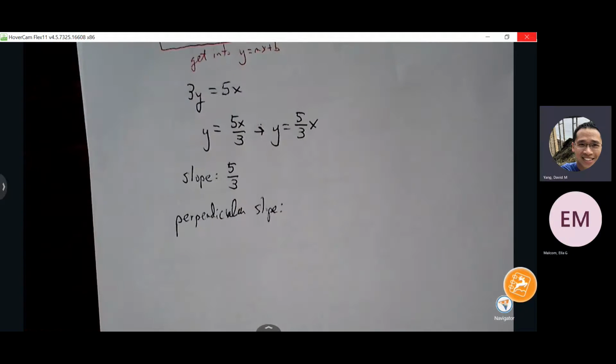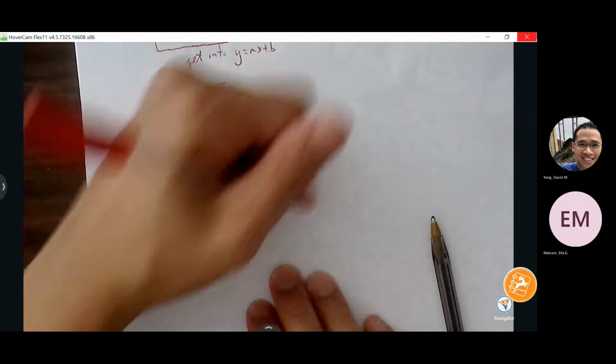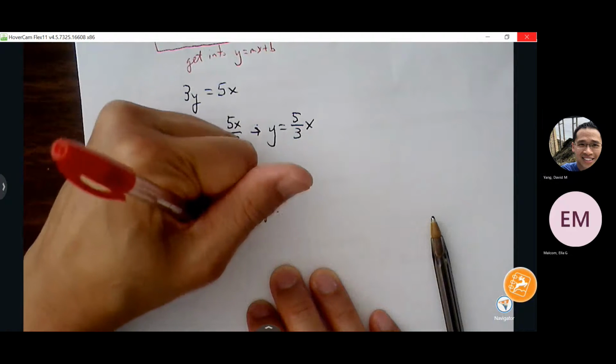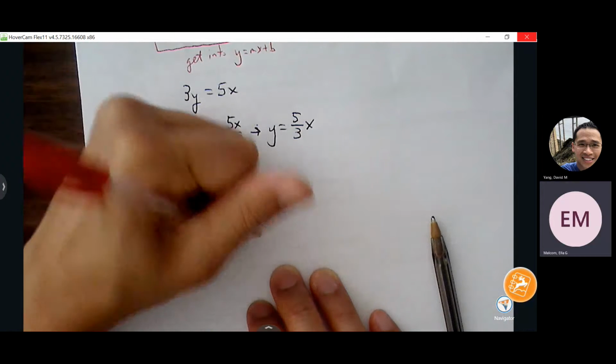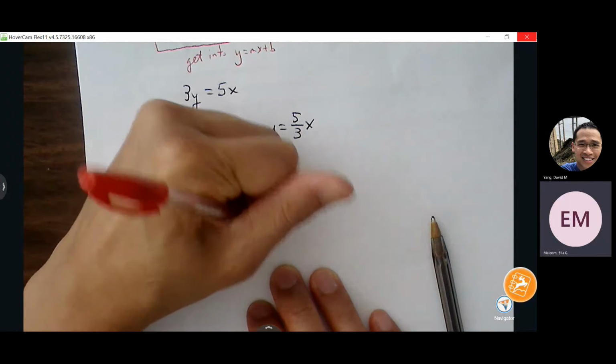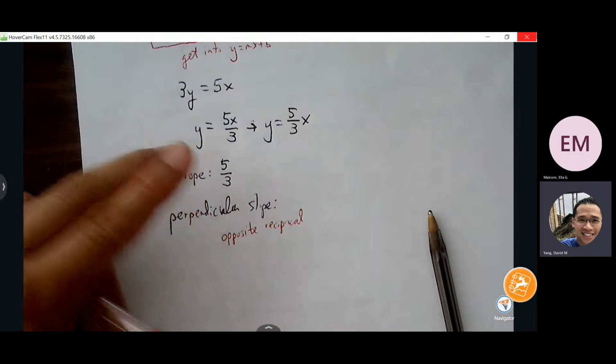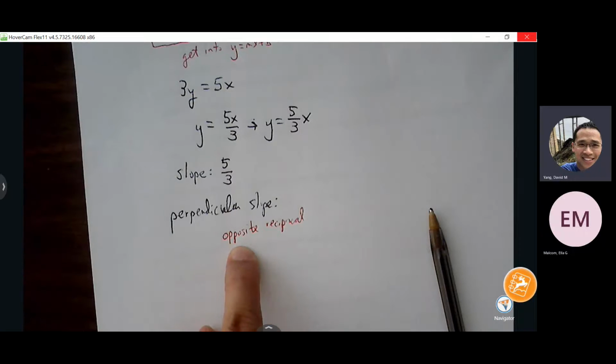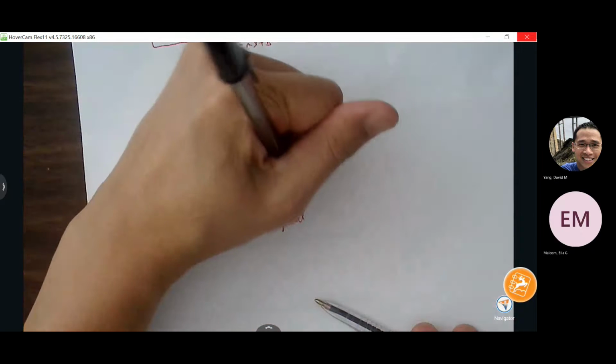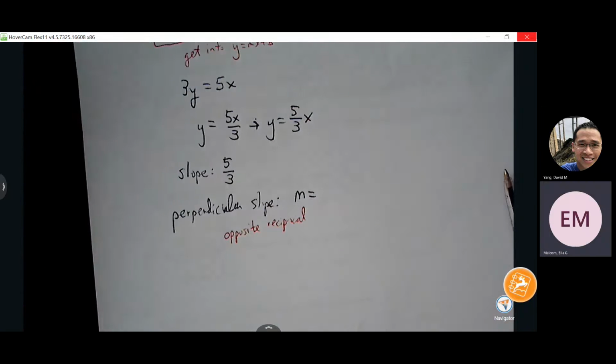It's the opposite reciprocal. Flip it, and something else. Negative. Yeah. Reciprocal means we flip the numerator and denominator. The opposite means we change the sign. I see, so negative 3 over 5.